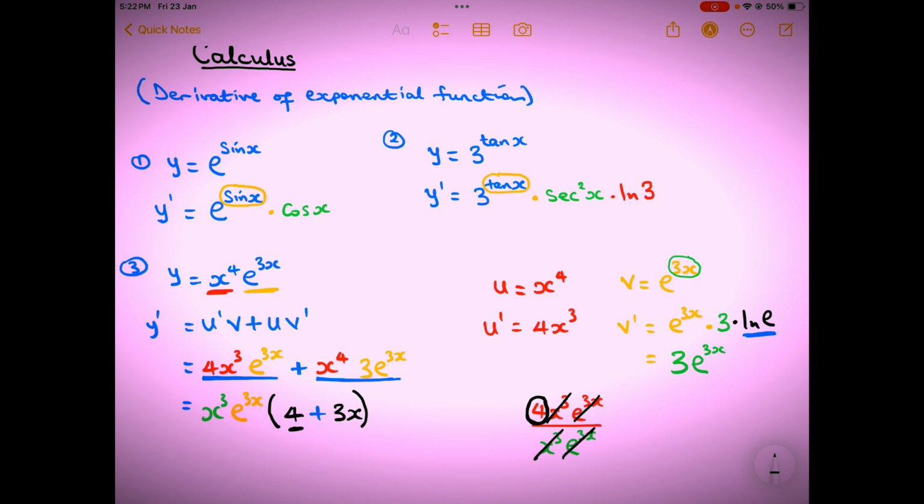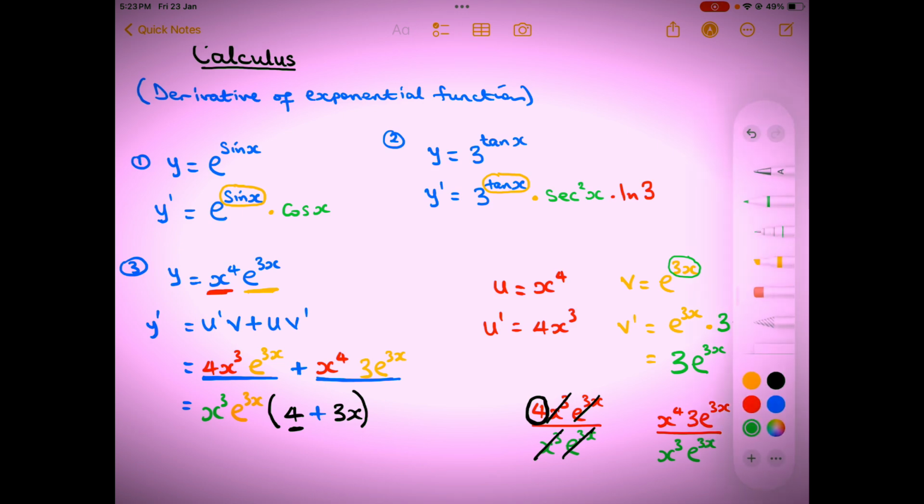That is the reason you see this 4 here, and it is the same thing I did for the other term. On the other side, we have x to the power of 4 times 3e to the power of 3x. When you divide all this by what you factorize out, which is x to the power of 3, e to the power of 3x, this will cancel out this, and then x to the power of 3 will take 3 of the x from the top.